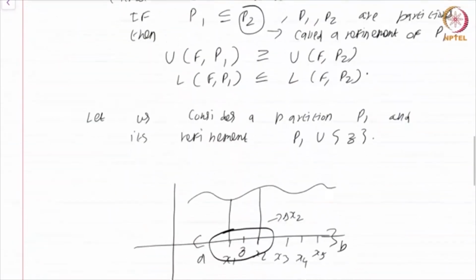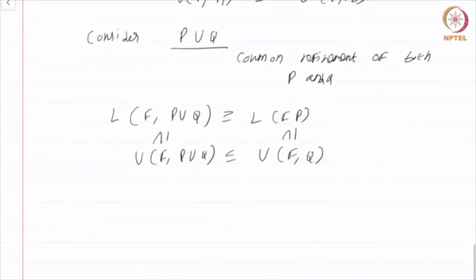Essentially, we know the behavior of each of these sums, L f P and U f Q, when you refine a partition, but the refinement allows us to compare L f P with L f P union Q, and U f P union Q with U f Q. Combining all these inequalities together, we get a proof.